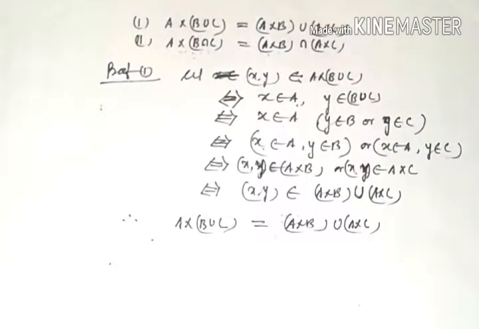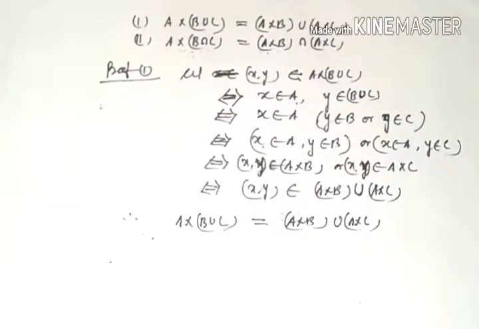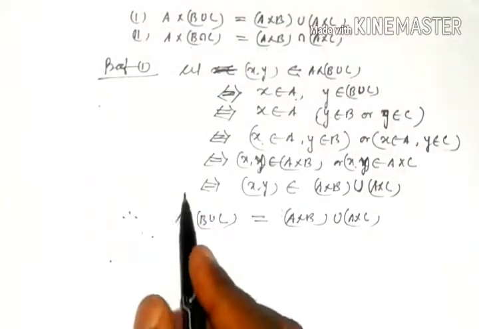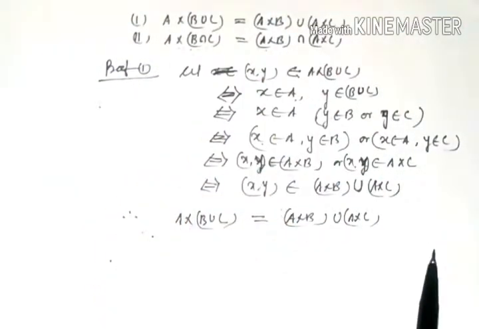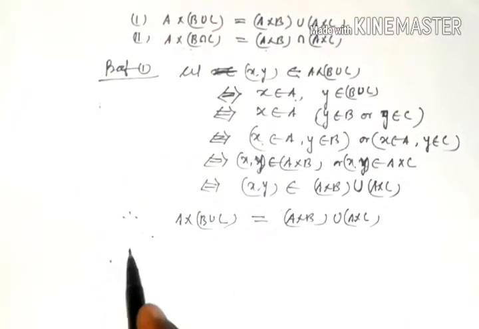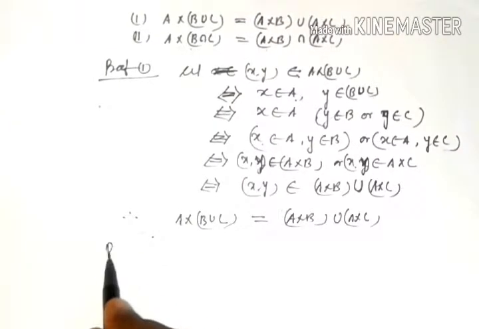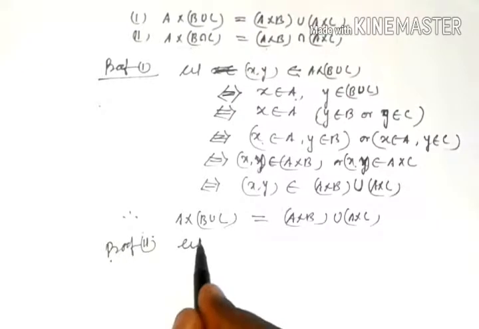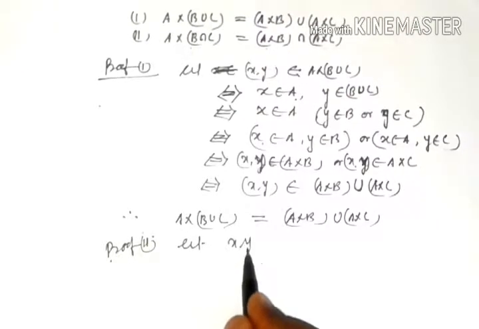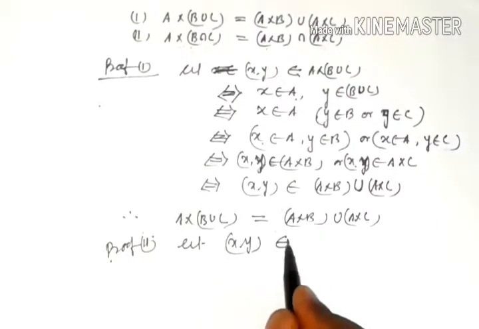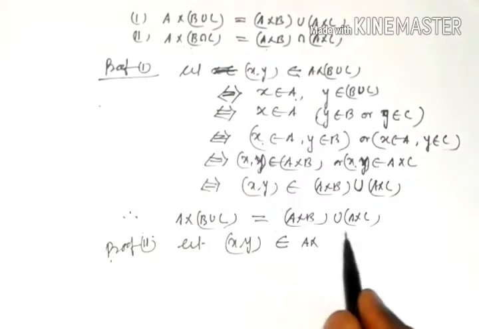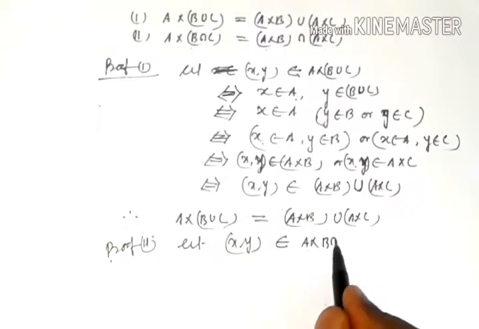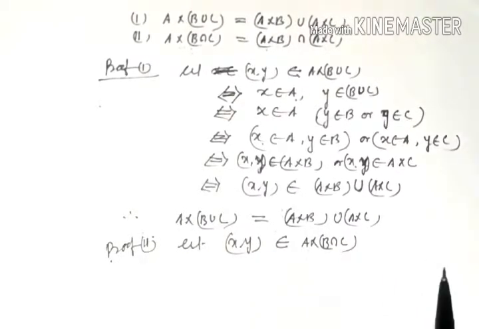Similarly, we can prove the second property also. 2. Let (x, y) belong to A cartesian product (B intersection C).